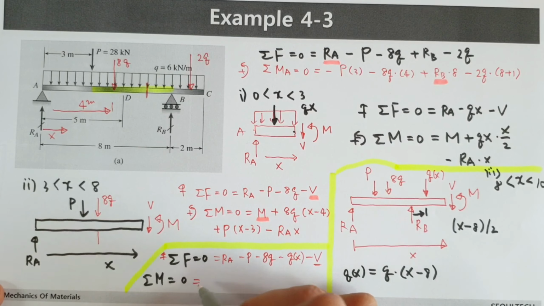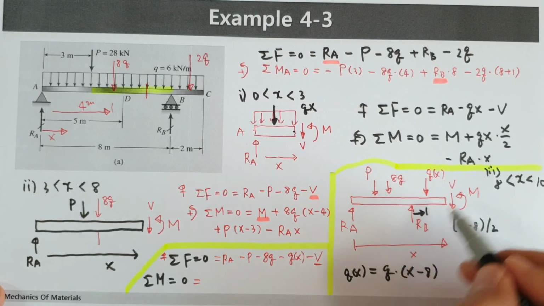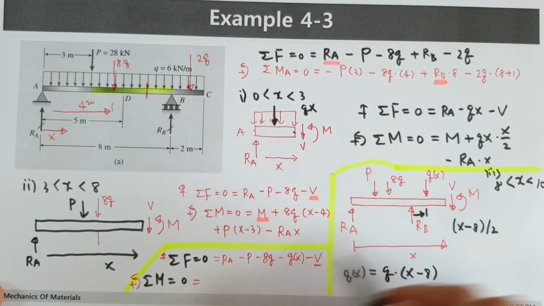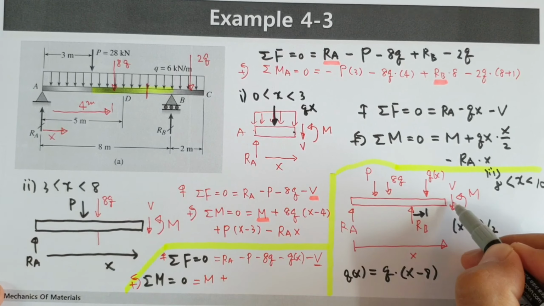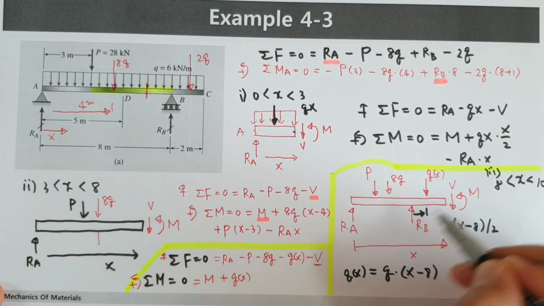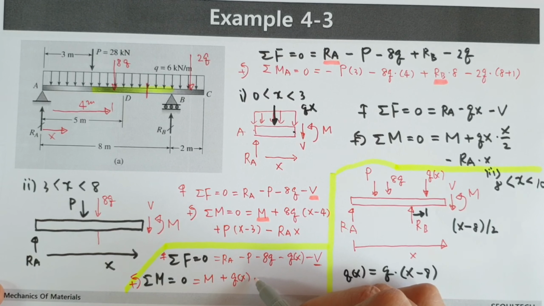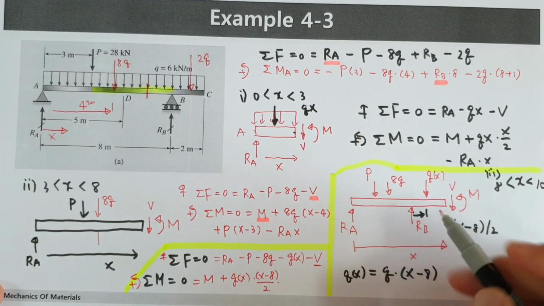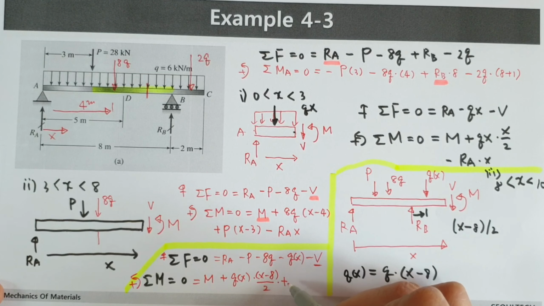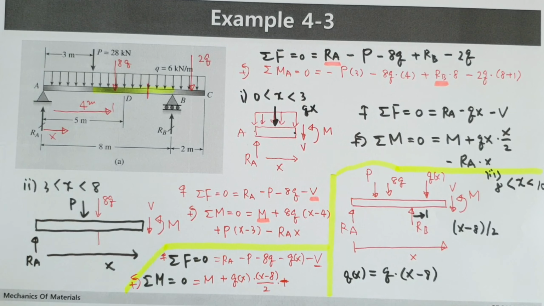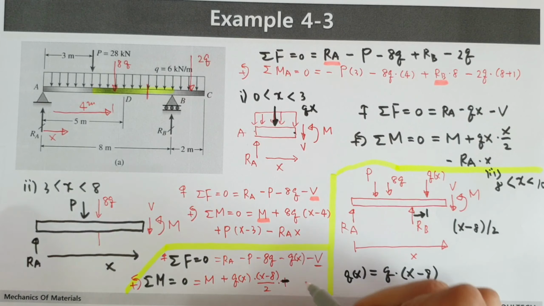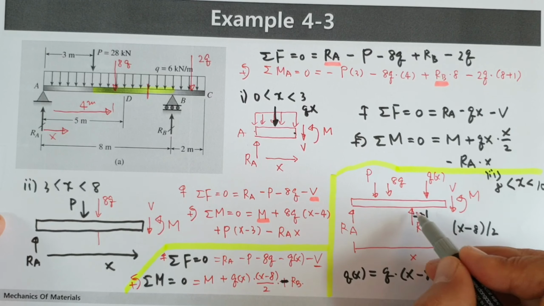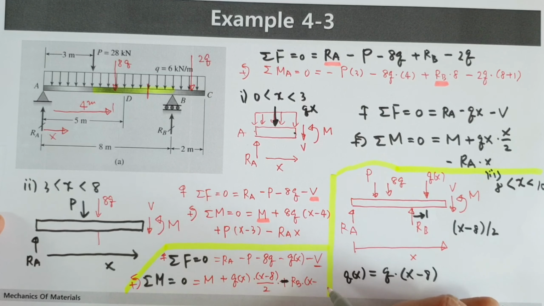When you apply the moment equilibrium, let's say this direction is positive: moment M, and V is deleted, QX, and this distance is x minus 8 over 2. We consider this one. Next one, RB, minus value, sorry, minus, because we thought about this one, minus RB and this distance x minus 8.